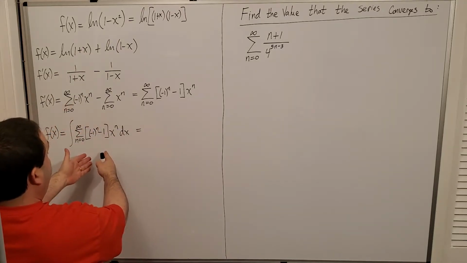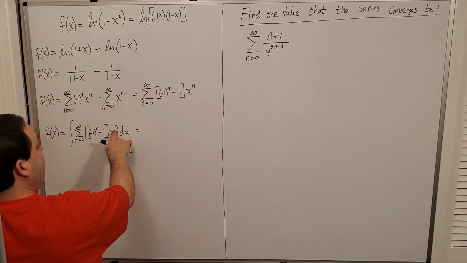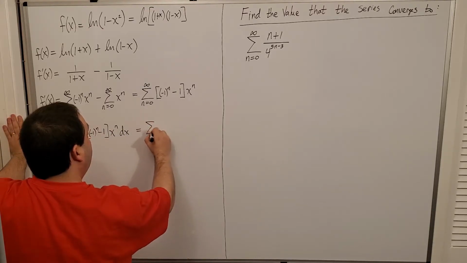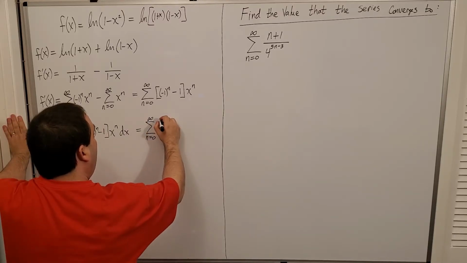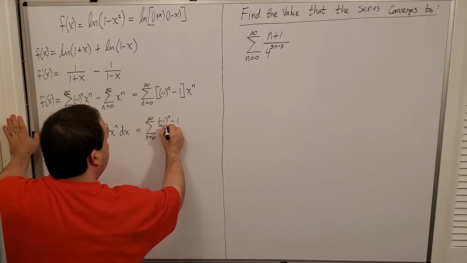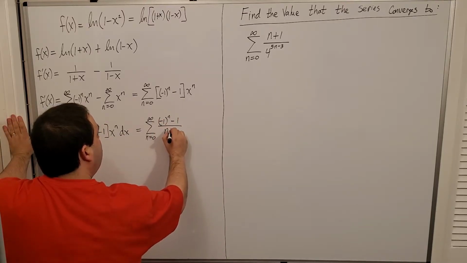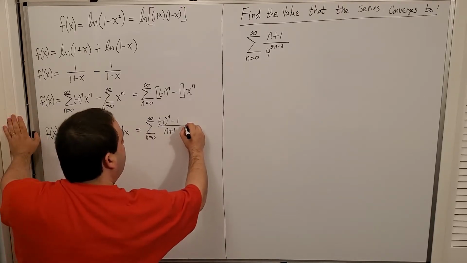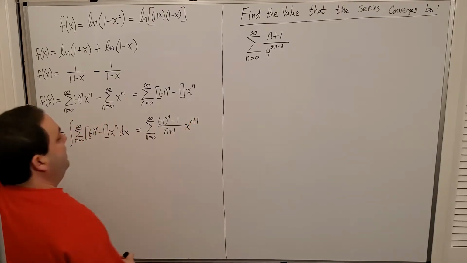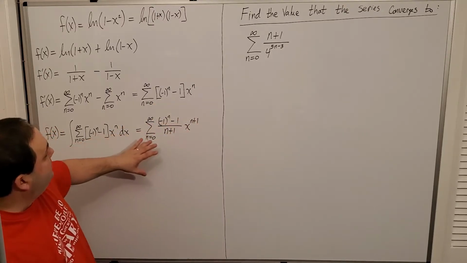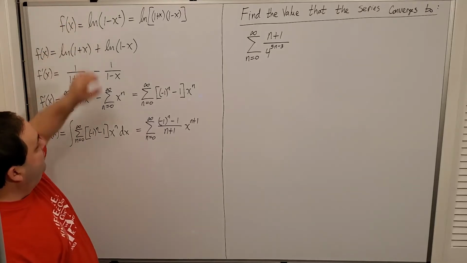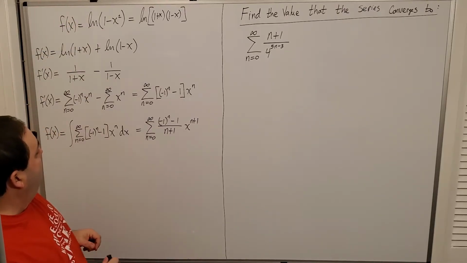So I'm not worried about a plus c for this. I'm just going to integrate by doing the n plus 1 power here. So I'll have the sum from n equals 0 to infinity of negative 1 to the n minus 1 all over n plus 1 times x to the n plus 1 power. So now I've got a power series which represents the original function. Okay?